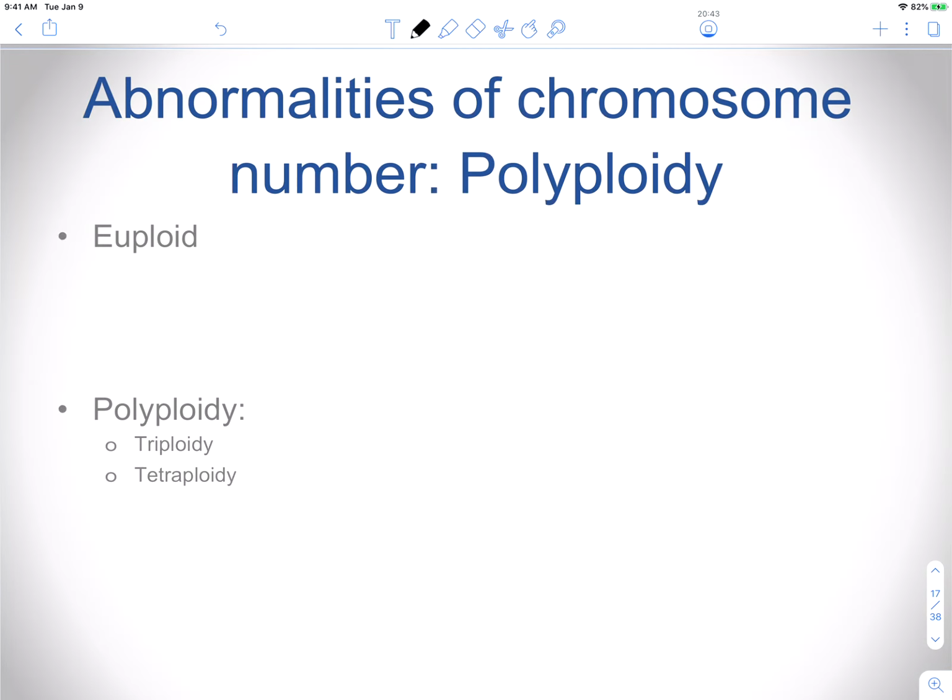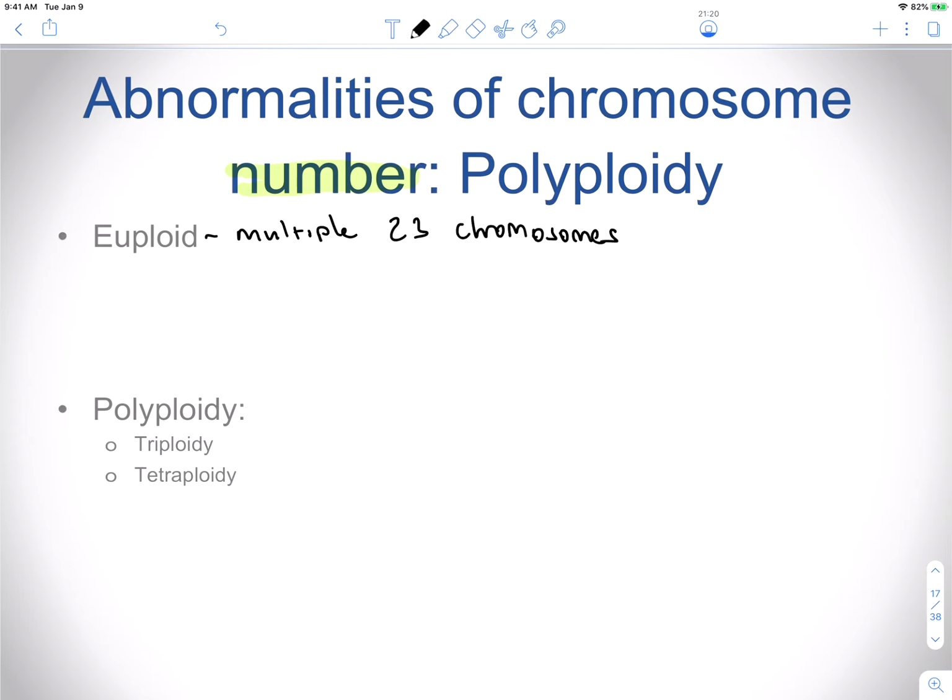All right, so let's start talking about the difference in chromosome numbers as well as their different abnormalities. So we have abnormalities of chromosome number, and this is referred to as polyploidy. So we have euploid. A euploid cell contains a multiple of 23 chromosomes. A normal euploid would be 46 chromosomes.